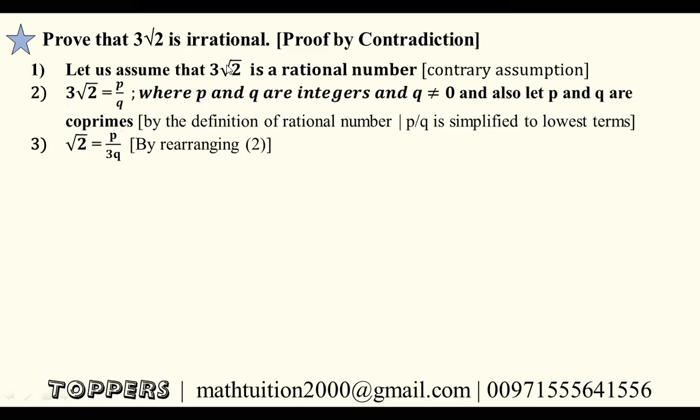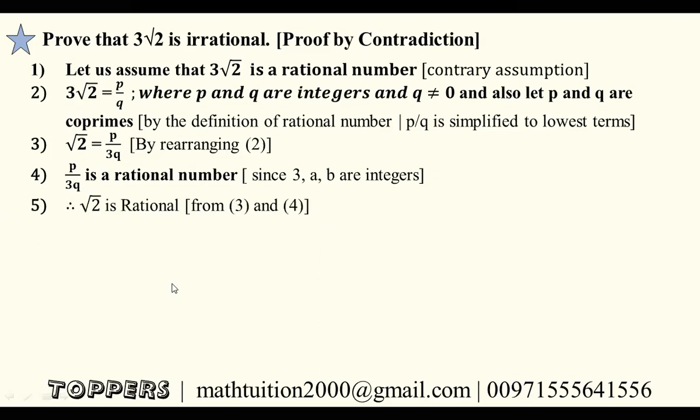So we'll write that statement. P by 3q is a rational number, an integer by an integer, since 3, p and q are all integers. Since the RHS is a rational number, the LHS should be a rational number.